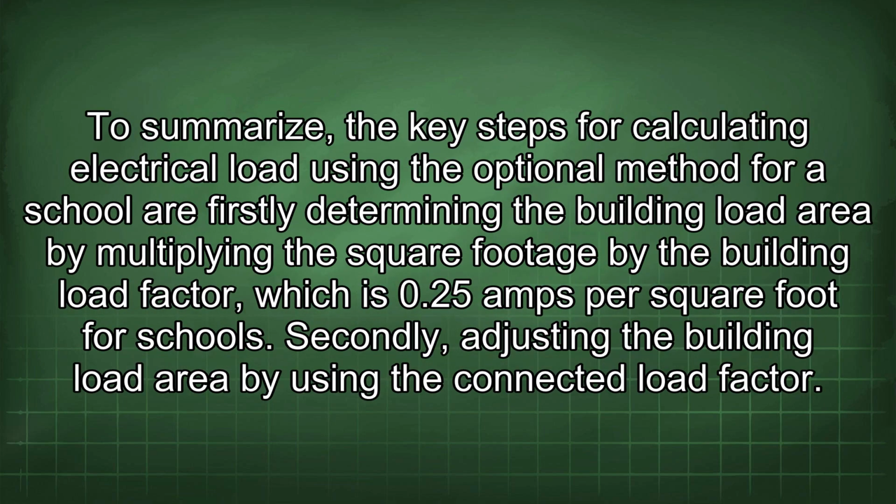To summarize, the key steps for calculating electrical load using the optional method for a school are firstly determining the building load area by multiplying the square footage by the building load factor, which is 0.25 amps per square foot for schools. Secondly, adjusting the building load area by using the connected load factor.